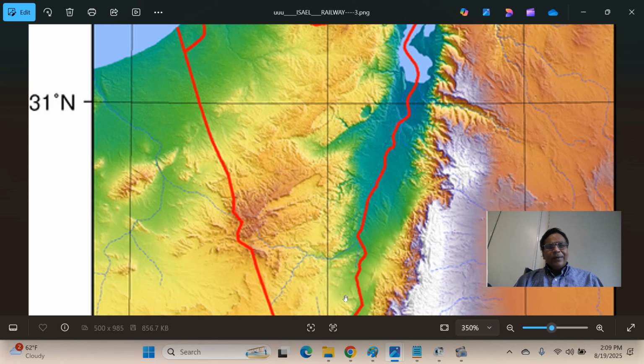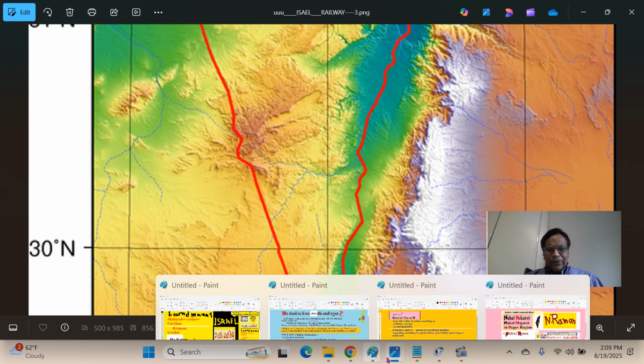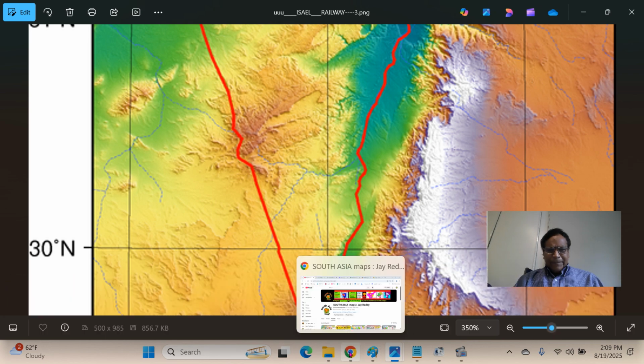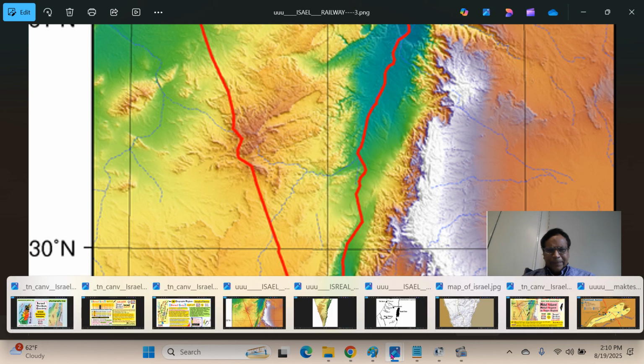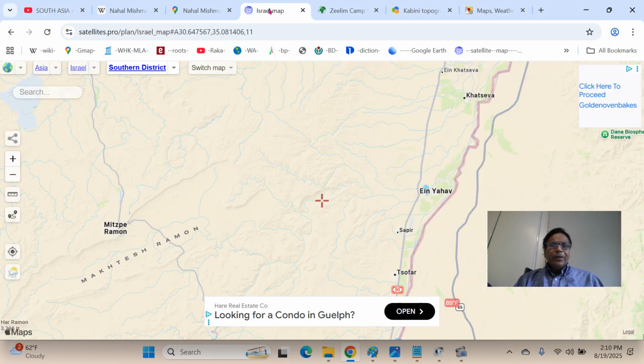This is the Paran, you can see, this is the upland. You can see the same thing here, the Makhtesh Ramon, Mizpe Ramon, you won't see that clearly, but it joins Ein Yahav, this is the Arava Valley, north of Sepir town.